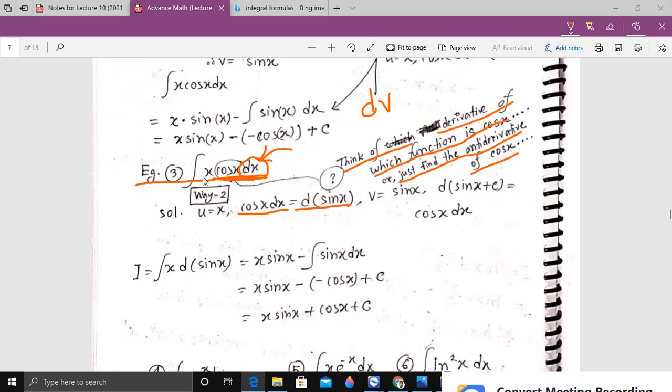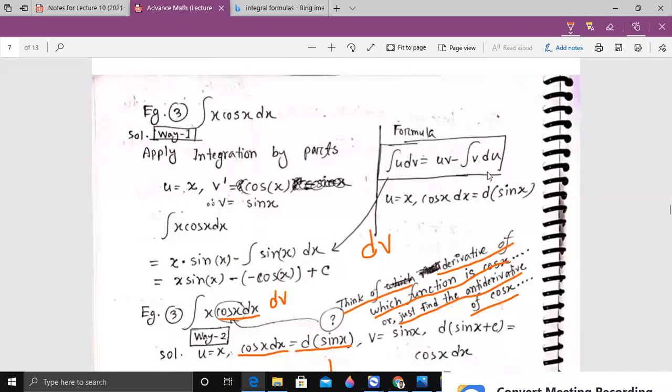Why are we converting it to dv? Because from the integration by parts rule, we have dv. You see here, integration of u dv. This is the integration by parts rule that we are talking about today. So we have here dv.